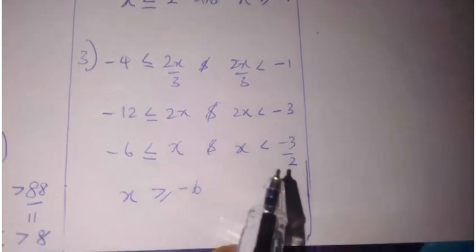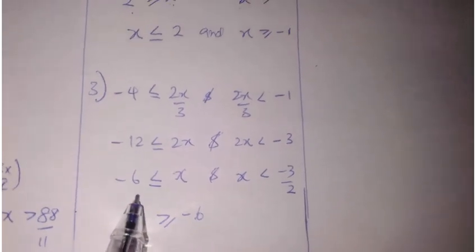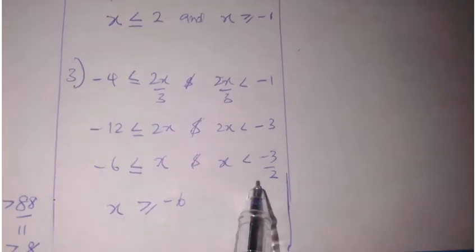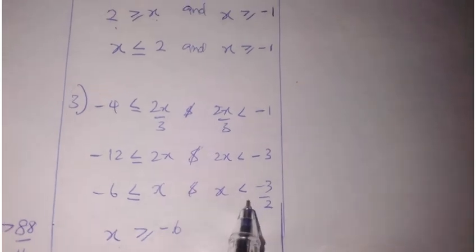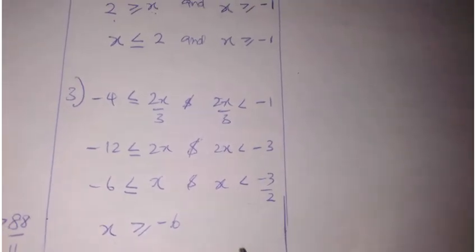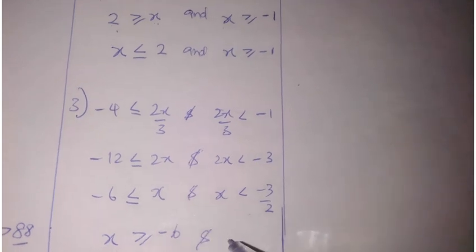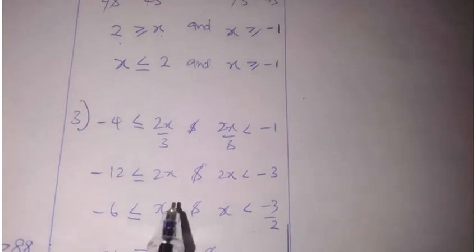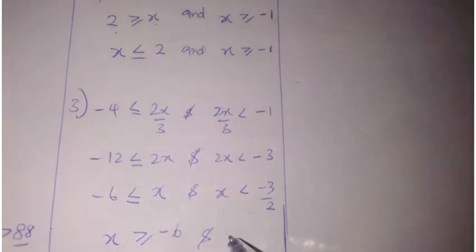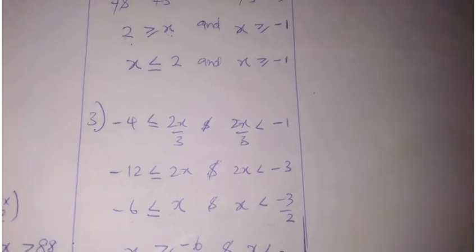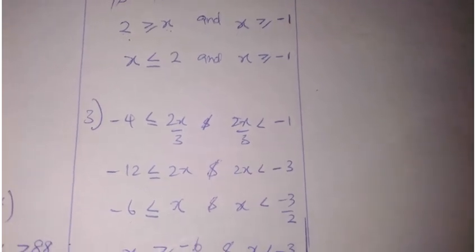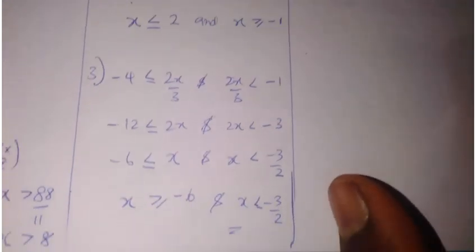Now note, I didn't divide by a negative, and in this case also I didn't divide by a negative, so the answers remain the same. I just switched here. So this becomes x less than minus 3 over 2. That is the answer.